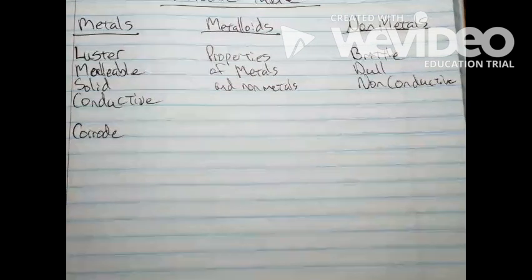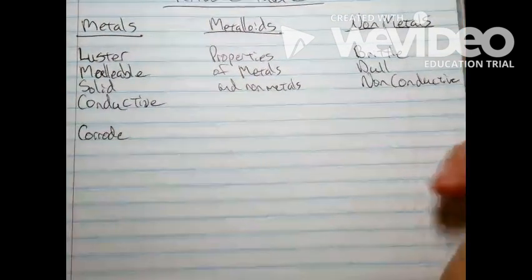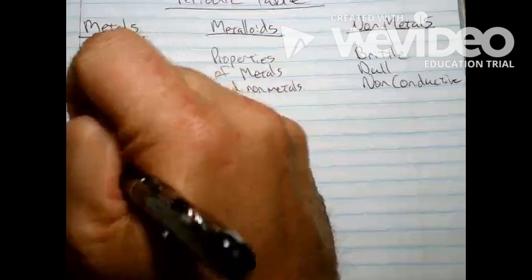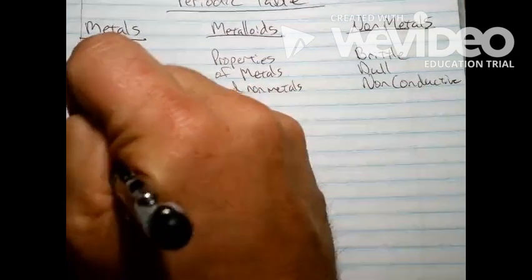We know that they're going to, do they lose electrons, gain electrons, or share electrons? They lose. So your metals lose electrons. So when they do that, they end up forming ionic compounds.